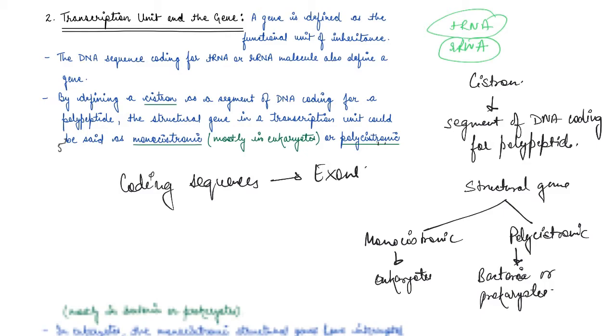Exons are those sequences which appear in mature or processed RNA.